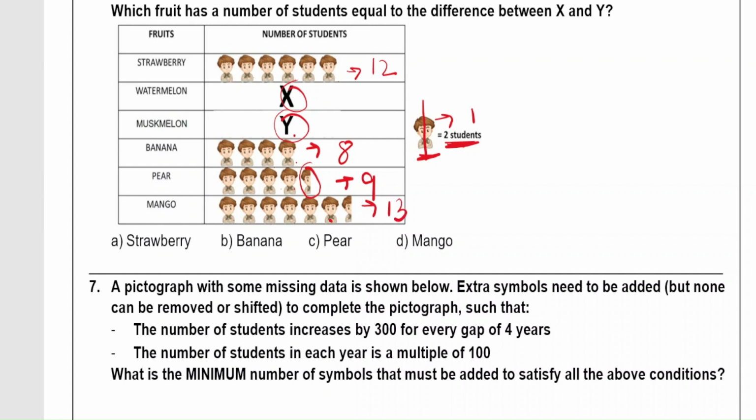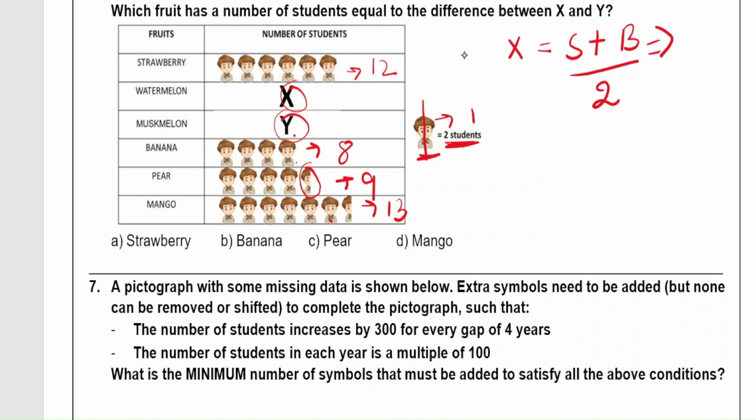Let's try to analyze x and y. What does this pointer say about x? X is the total number of students who like strawberry and banana, divided by 2, because it talks about the half part.